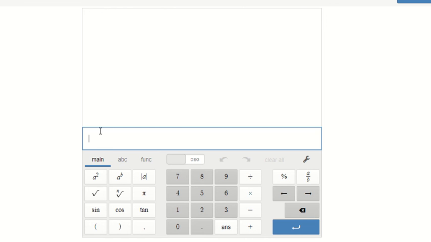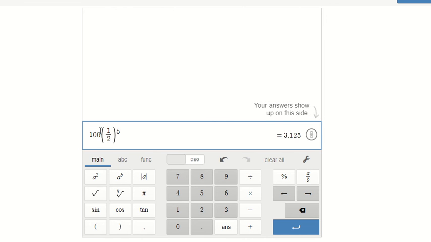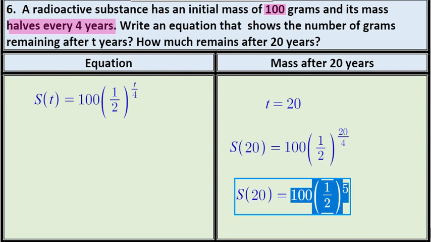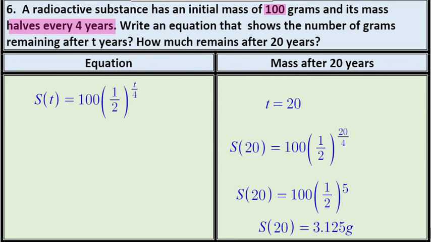So I copy my expression, I paste it into the calculator, and of 100 grams, after 20 years, I only have 3.125 grams remaining. And that's our result for question number 6.